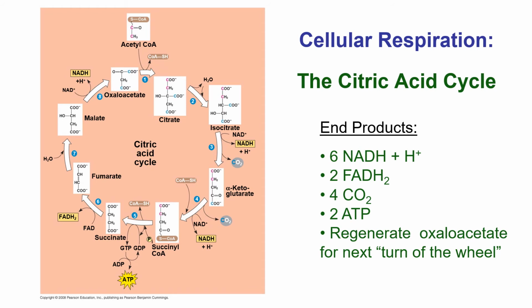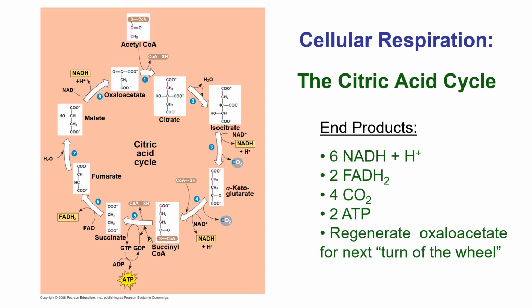So we have our acetyl group bound to coenzyme A. Coenzyme A is going to release it, and it's going to become attached to this molecule known as oxaloacetate to form something called citrate. And that's where the name comes from for this cycle. In this diagram, they're showing in red or pink the carbons that are coming in.